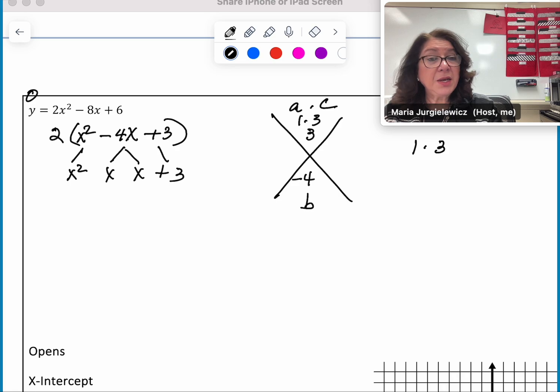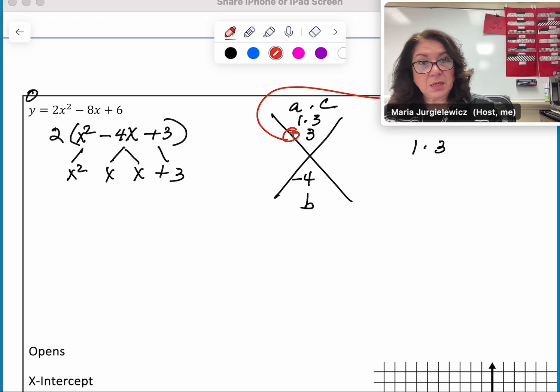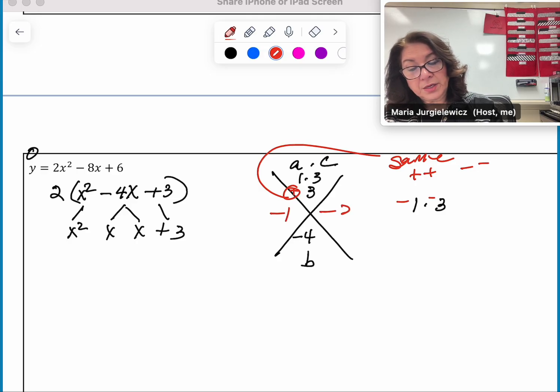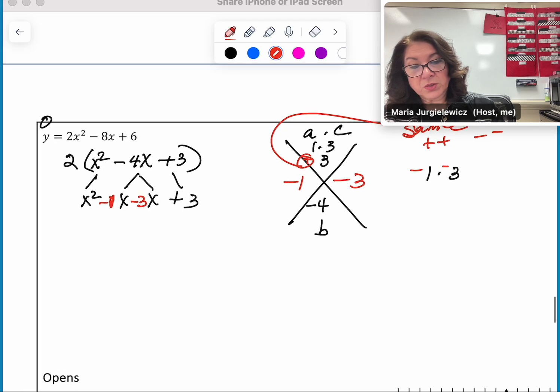I need it to be negative 4. Well, if this is positive, my signs are going to be the same. So this is plus plus or minus minus. And if I want that to be negative, it has to be minus minus. So it's negative 1, negative 3. And those are the numbers that I'm going to put in front of those x's.